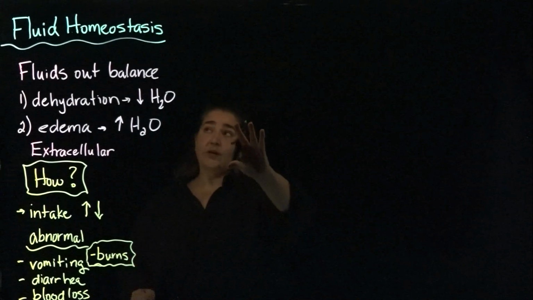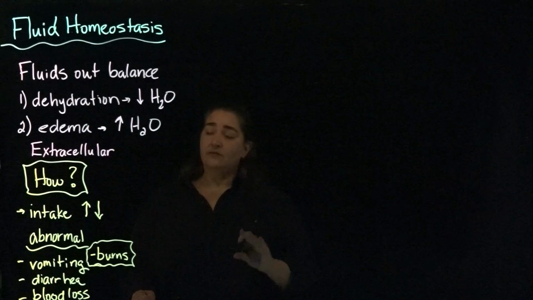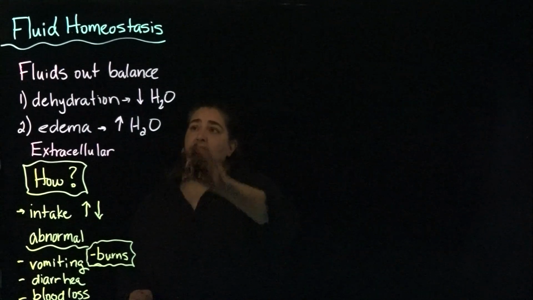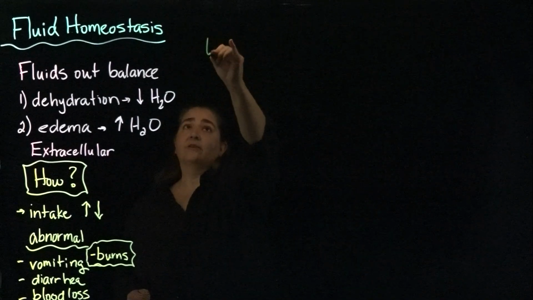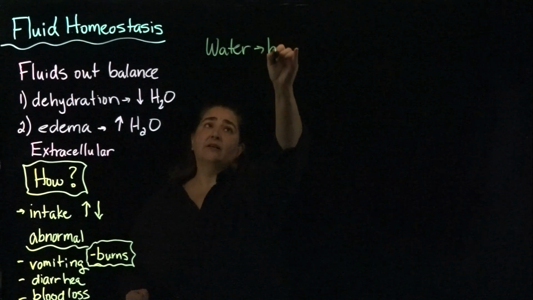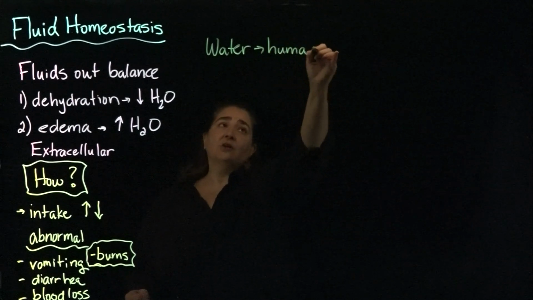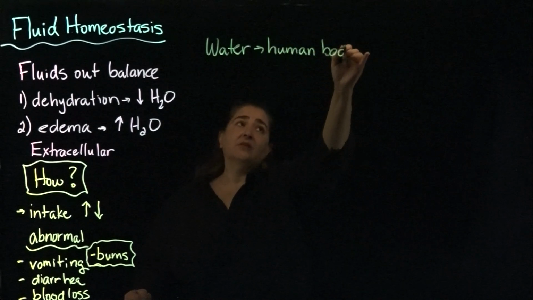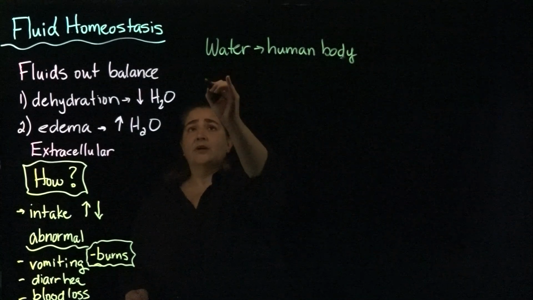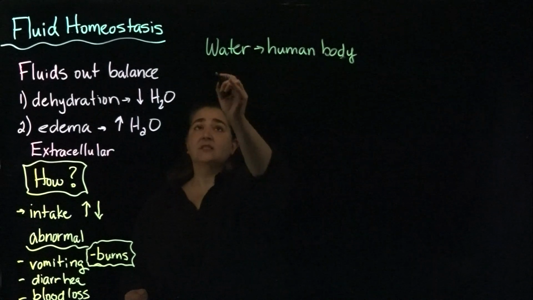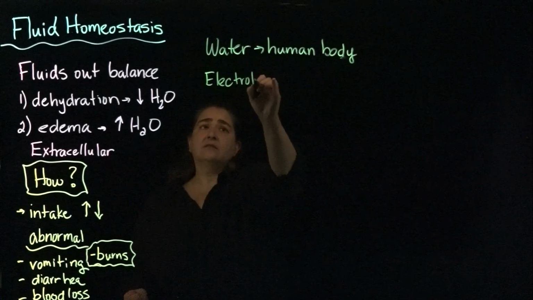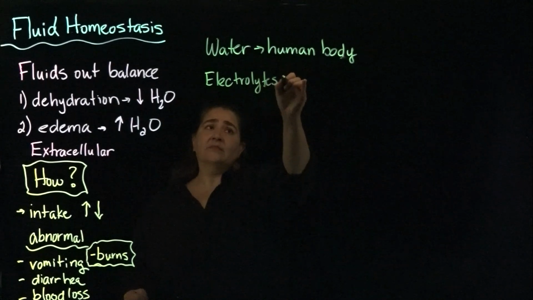So with our fluid homeostasis, the other component to this, I've got water here, because really when we're talking about fluids in the human body, that's what we're talking about, okay? So the water itself is one area where homeostasis can be out of balance, but electrolytes are another, okay?